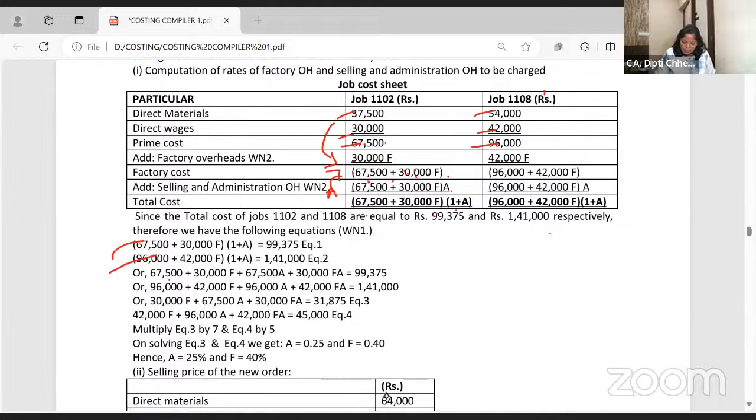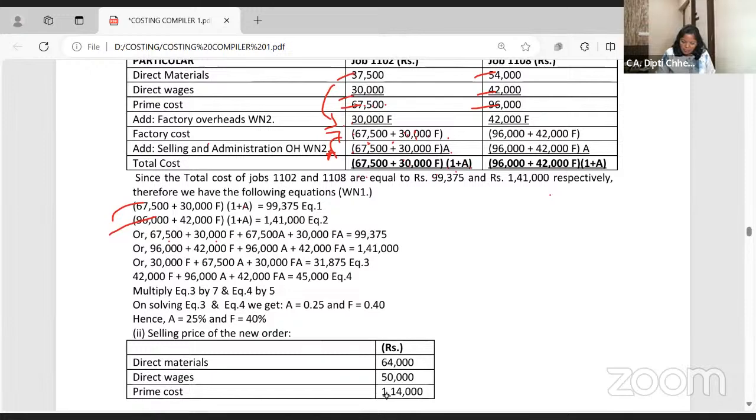So again you have to open the brackets. After opening that you have to decide on the common factor, and how you can cancel or simplify. Like this is F, this is A, this is FA. This 67,500 you can subtract. So you got equations 3 and 4.